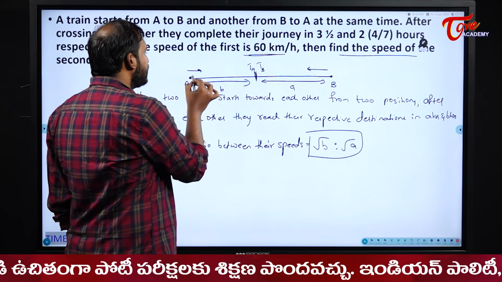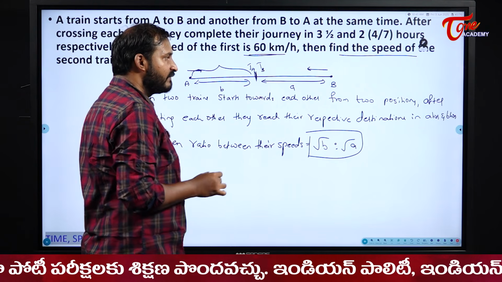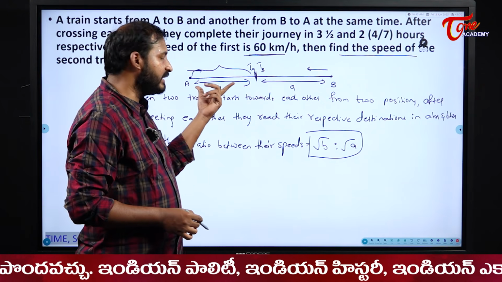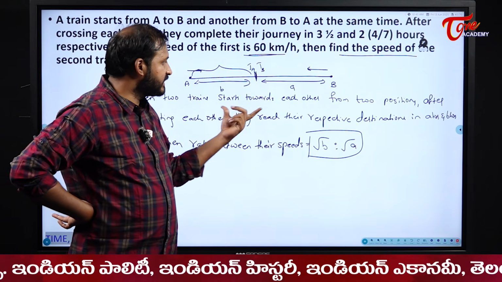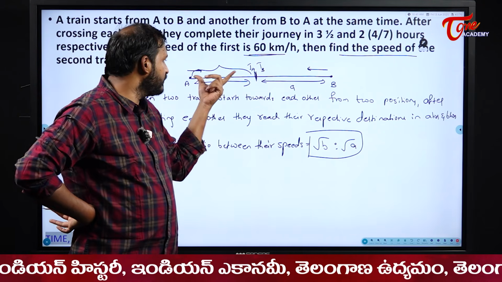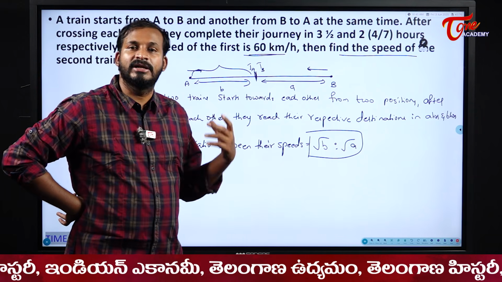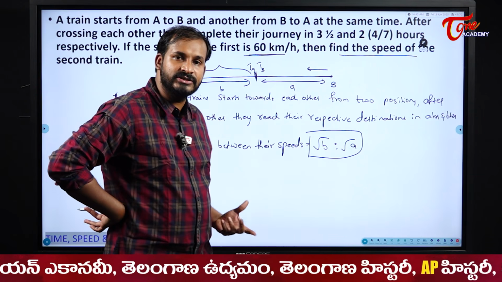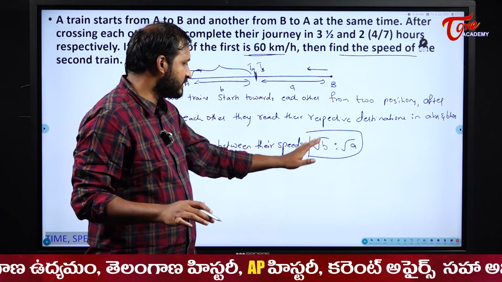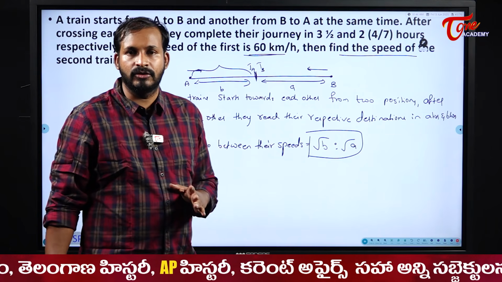See here, this is the initial distance which was covered by the train A in the meeting time, and this is the distance which was covered by B in the same time. So when you equate this time with this time, you will get the answer, students. That is root over B is to root over A. There is a big explanation behind that. We don't require that. Just remember this, root over B is to root over A.